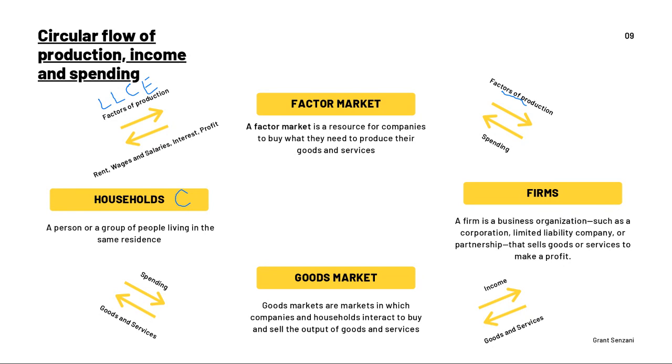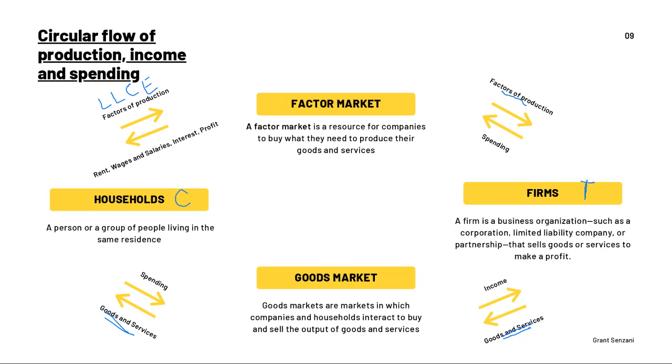A firm is a business organization, such as a corporation, limited liability company, or partnership that sells goods or services to make a profit. So they make goods and services, and as a result, households come in and begin to spend. We'll just put a quick I over there for the firms as well.